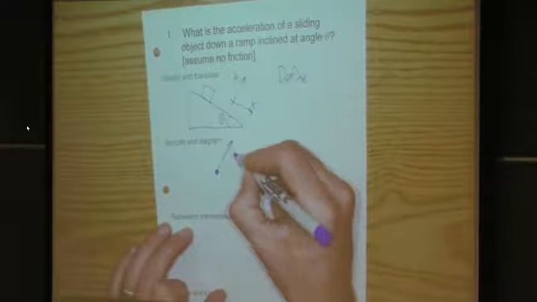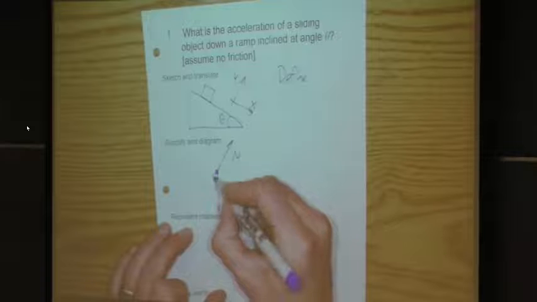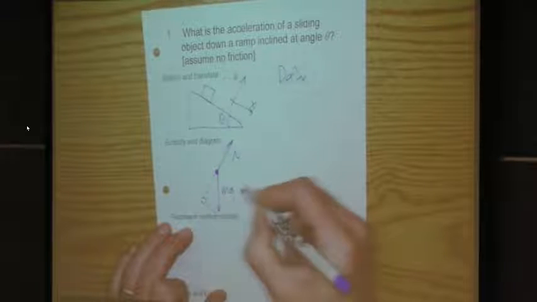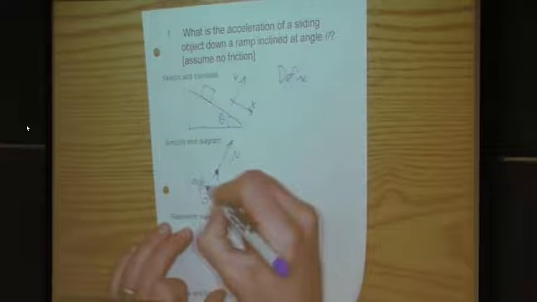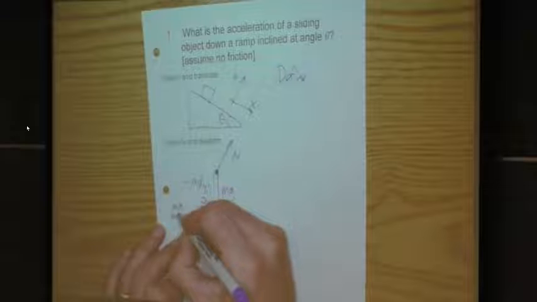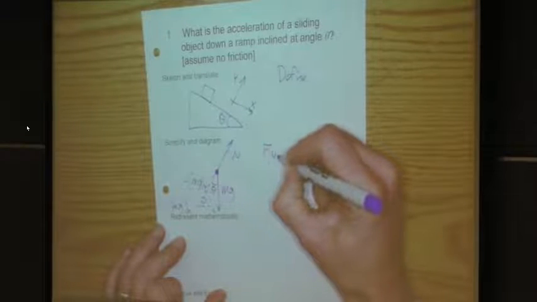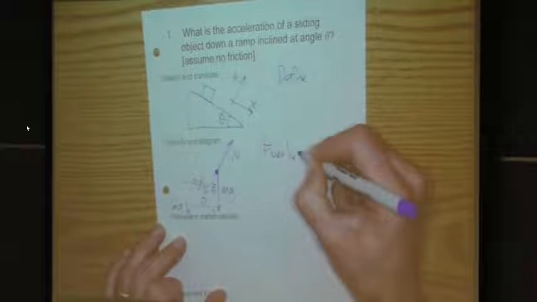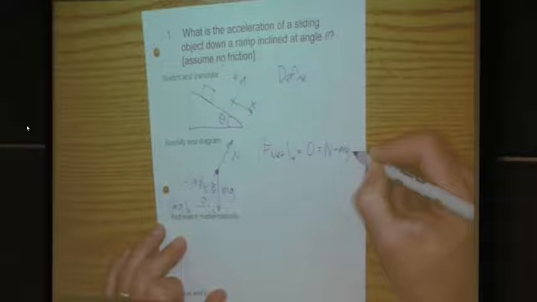You can draw a force diagram: normal force, mg. Don't forget, you're going to have to put your mg into components. So this is mg in the y direction, negative, and this down here is mg in the x direction. There's a theta right there. So F net in the y direction is 0, is N minus mg cos theta.